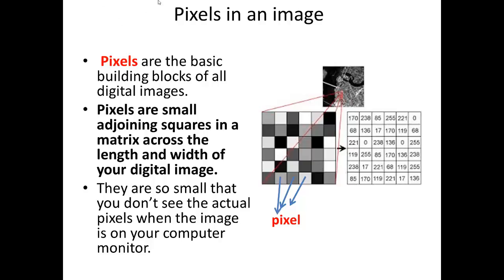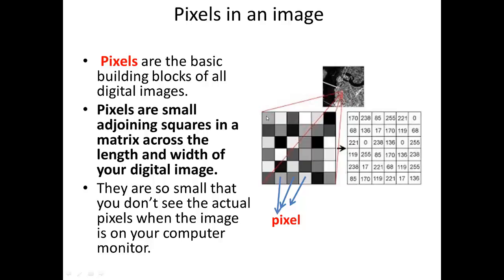For example, here we have the image. If you zoom in, you will see these gray, black, or white blocks. Each of them is called a pixel. So a pixel in fact has two things. One is the coordinates, that means the x, y values.